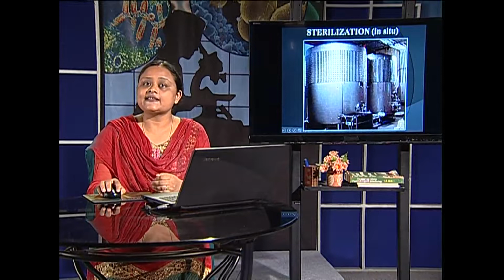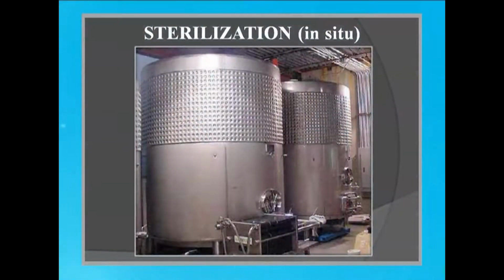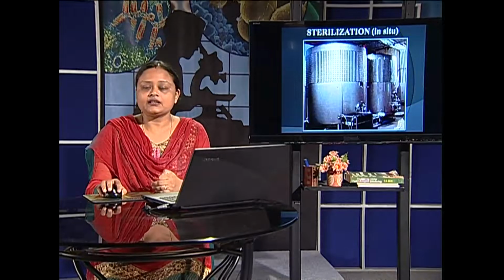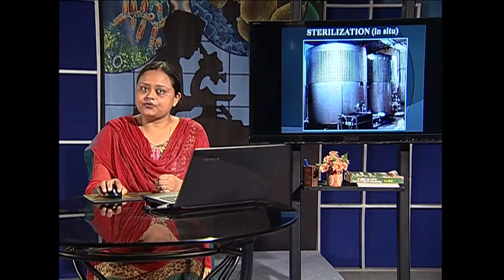But in most cases, we need to sterilize the medium at once. Everything is incorporated into the huge bioreactor and then sterilized in situ, meaning the media is first incorporated, then steam is incorporated into the chamber and kept for the required time period. This is how sterilization in situ is obtained.